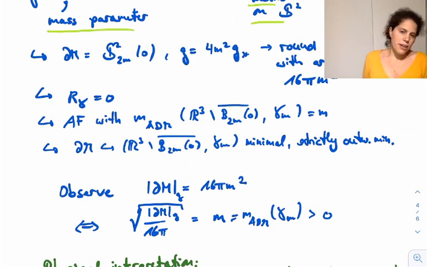Actually, what I would like you to remember even better is this equivalent reformulation, which might look a little awkward if you've never seen it before: the square root of the area of the boundary with respect to the induced metric divided by 16 pi equals this number m, the parameter of the Schwarzschild manifold, which, recall, I said can be computed to be the same as the ADM mass of this metric and is positive. This equivalent reformulation I would like you to remember.